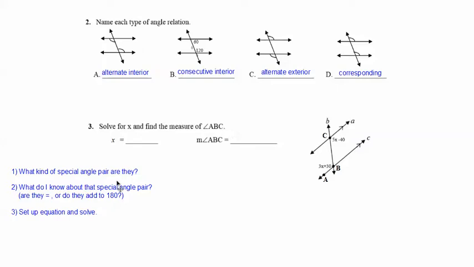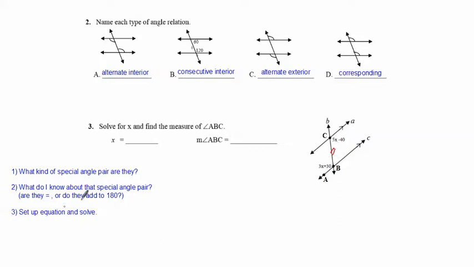Number 1, what kind of special angle pair are they? Well, if I see this angle and this other angle, I can identify them as alternate interior. Step number 2, what do I know about that special pair? Well, I should remember that alternate interior angles are equal to each other.